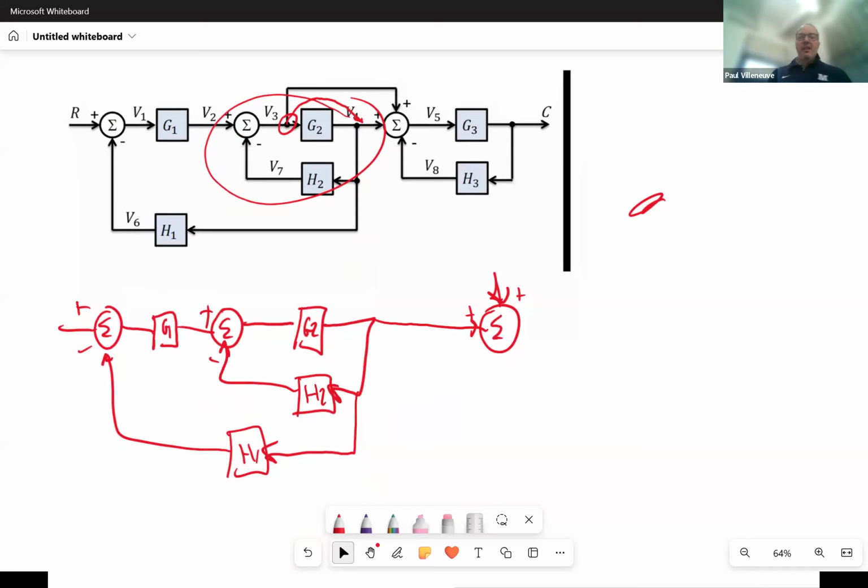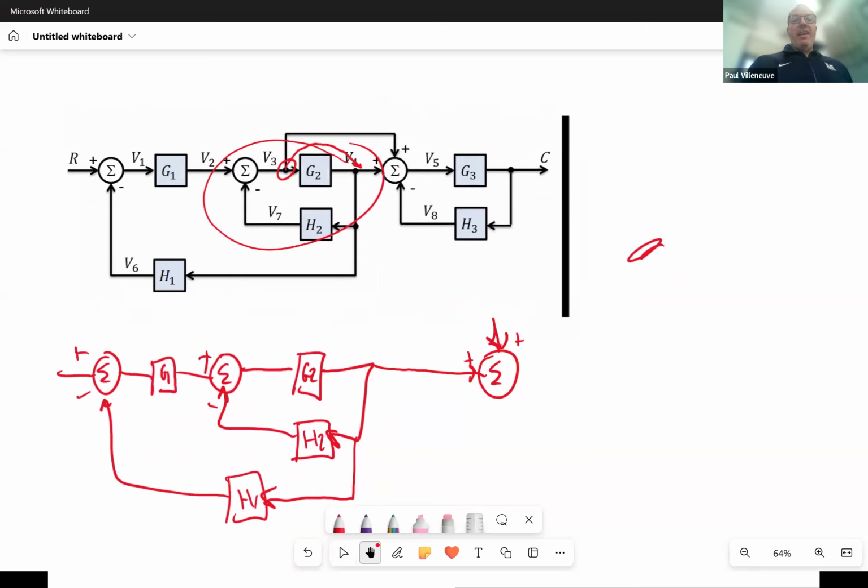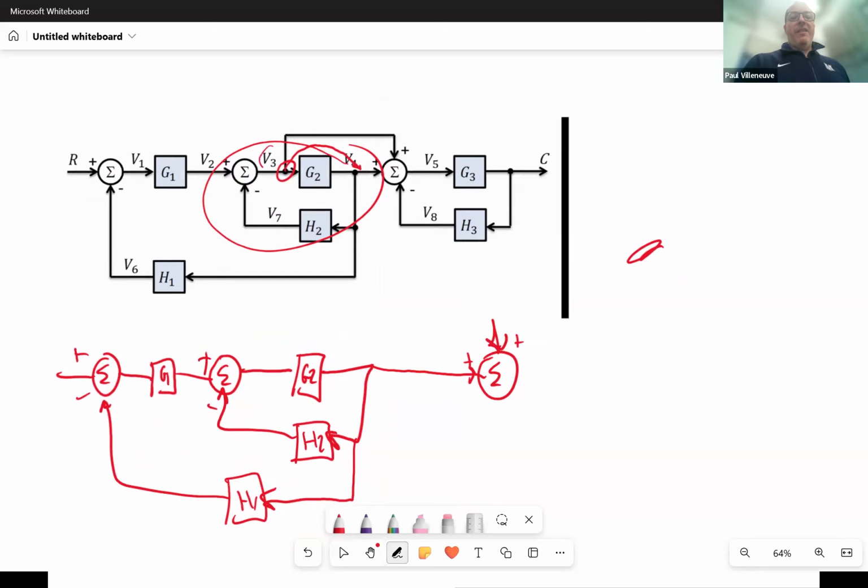And we know that what we have coming in here is this V3 point, which is not the same as V4. V3 has been multiplied by G2 to get to V4. So this node right here is the V4 node, right?